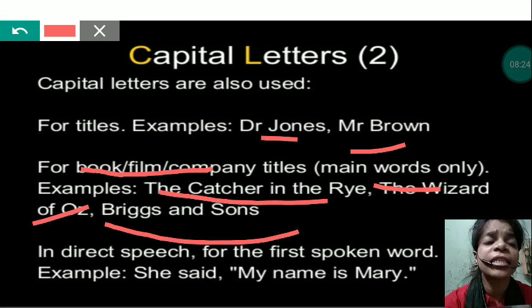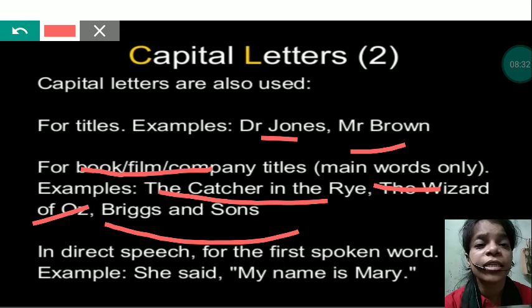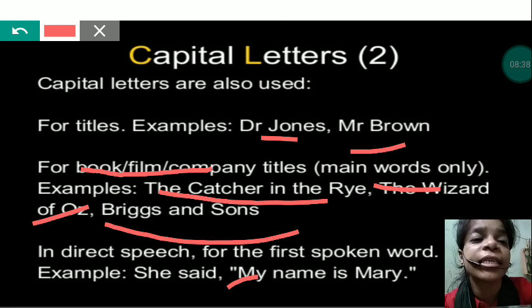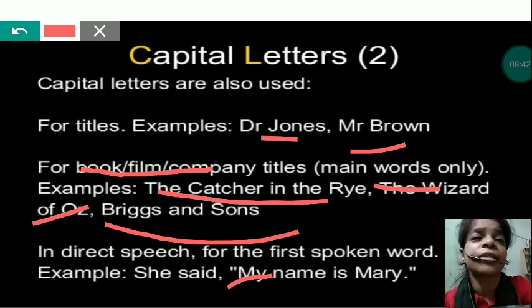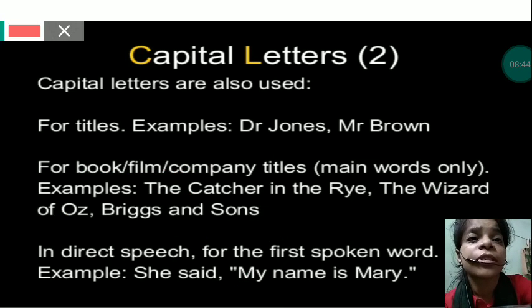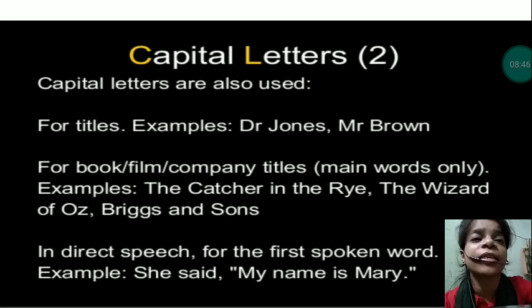So whenever there is the name of a book, a film or a company, we use capital letters. And the next use of capital letters is in direct speech: whenever we start any direct speech, we start it with a capital letter. So there are six different uses of capital letters.